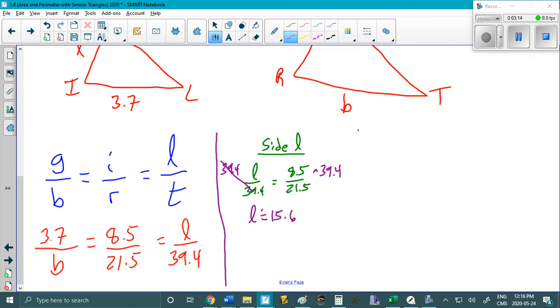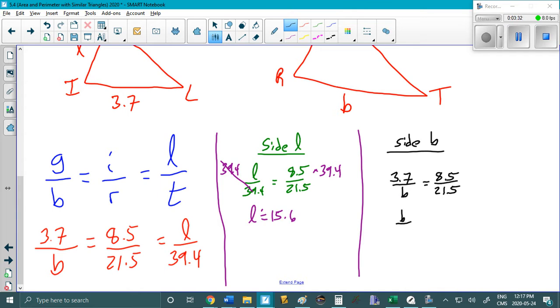Okay? And now let's do side B. Side B is, in quotes, the hard one, but it's not that bad because really we just have one extra step at the beginning. And that extra step is to get B on top. So we flip this fraction. But we can't just flip one side because then these things aren't equal anymore.